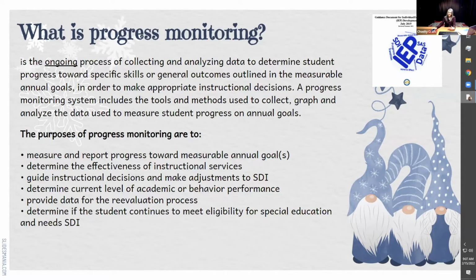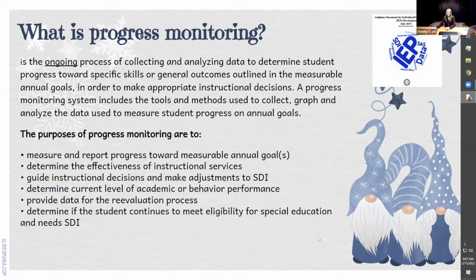So after you determine that that strategy may not be effective, then it helps guide what decisions need to be made and what adjustments you need to make to help your student start to make progress toward their goal. And then it also helps determine the present level of academic or behavior performance.